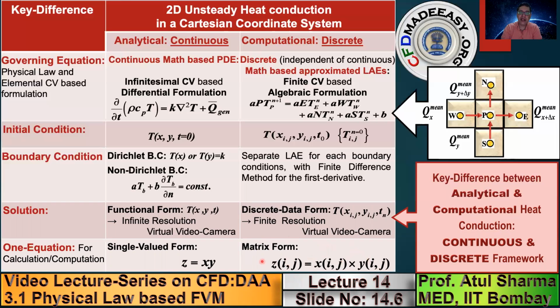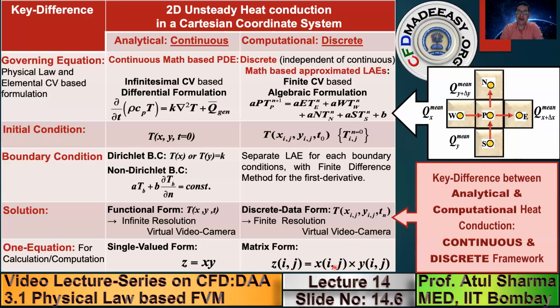Just to give you an idea, suppose you have an equation z is equal to x into y. In an analytical course, you have one value of x and one value of y. In a computational course, we also derive one formula, the same formula z is equal to x into y, but the difference is that x and y, the known values, are not one value.